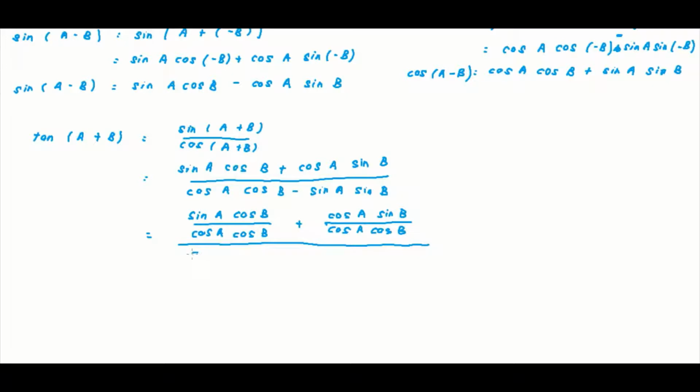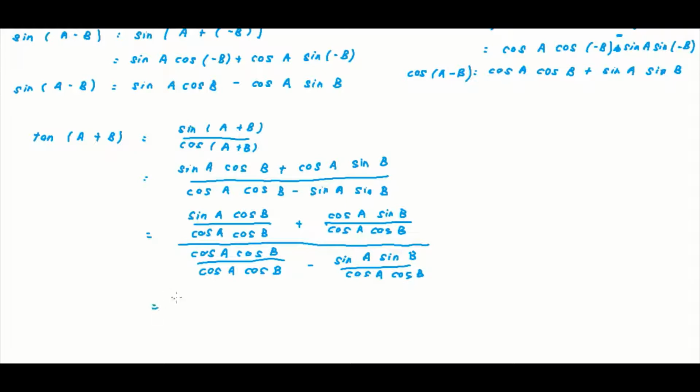Do the same thing, cos A cos B, divide by cos A cos B, minus sine A sine B, divide by cos A cos B.